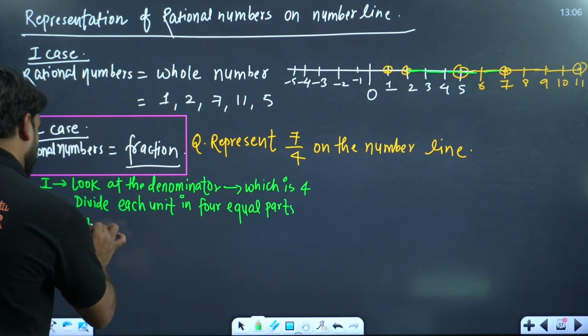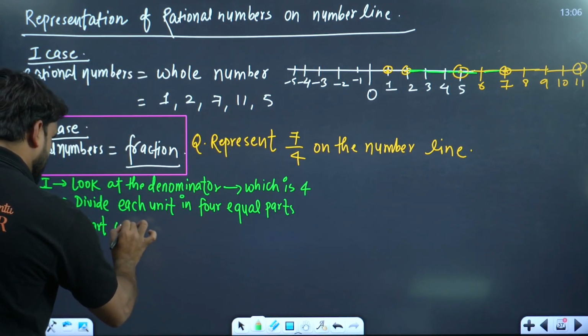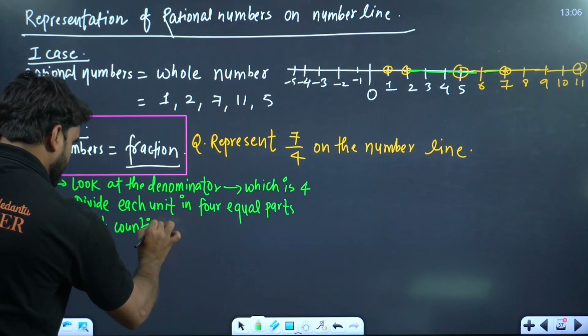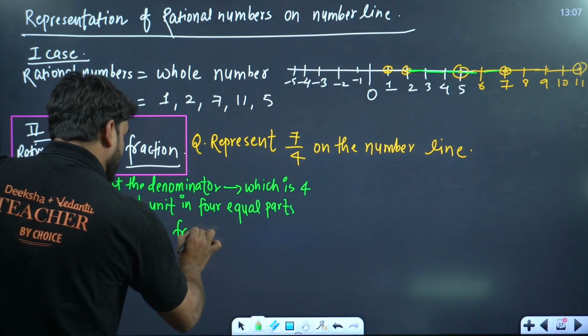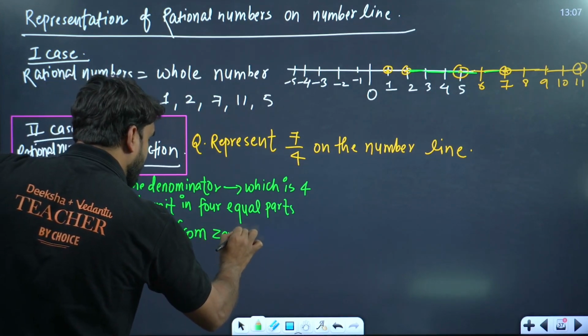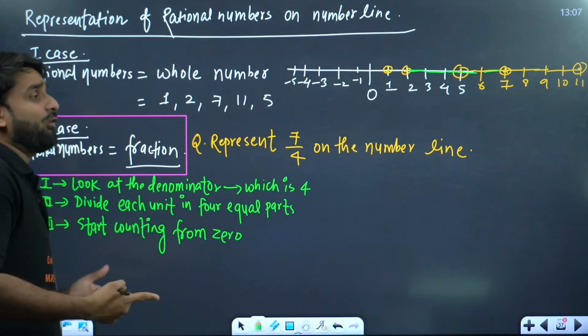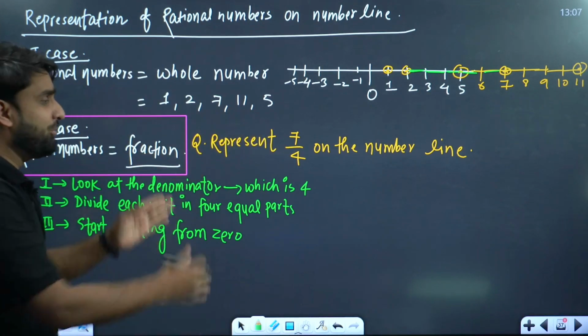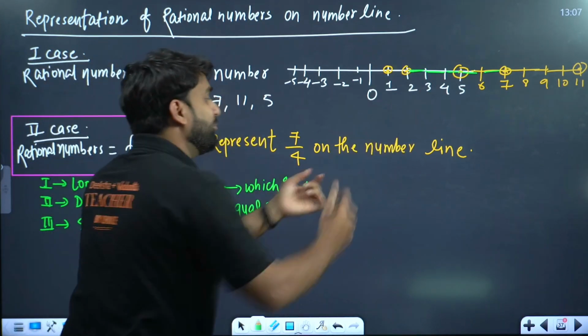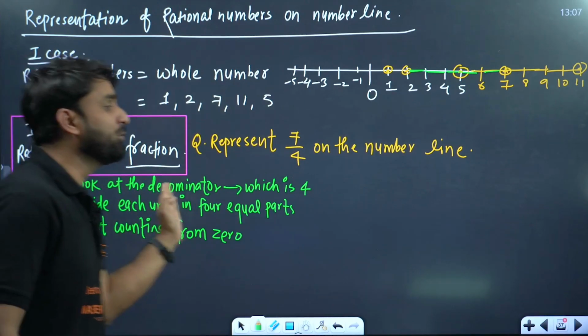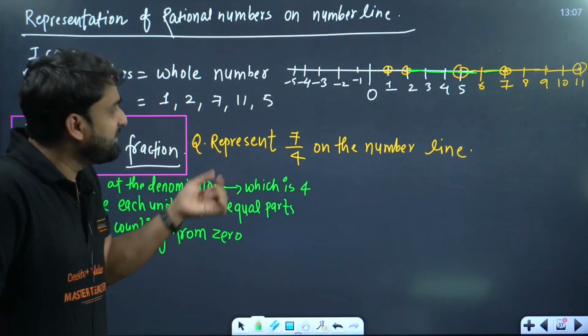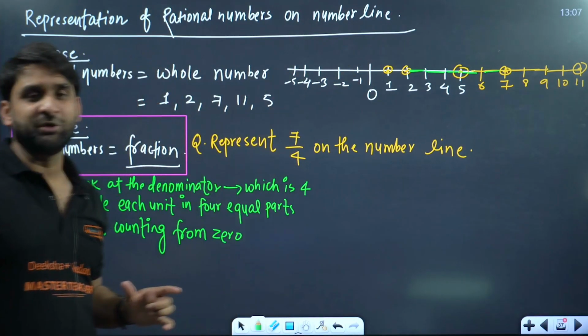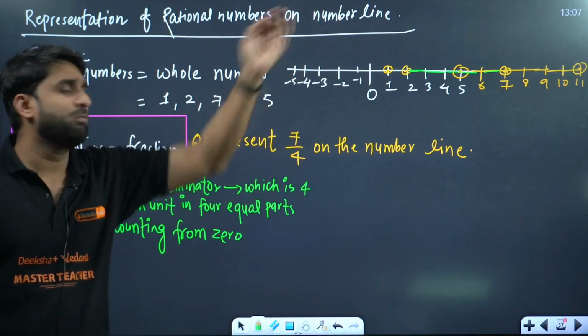Now start counting from 0, and till what? According to the numerator. The numerator is 7, so you have to move 7 parts from 0. And if the number is positive, move in the positive direction.